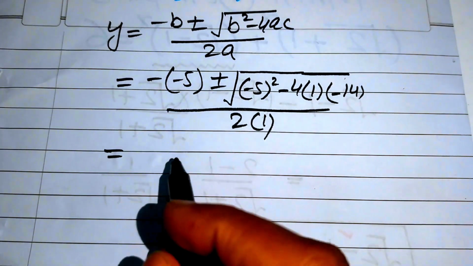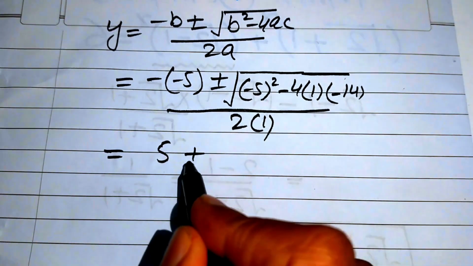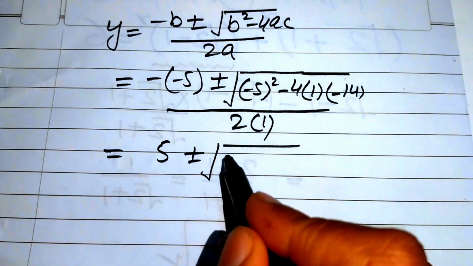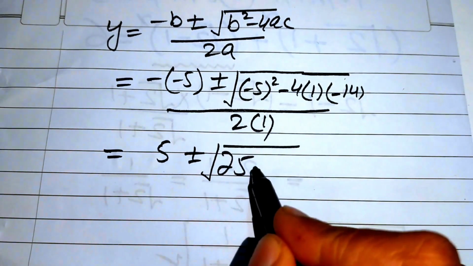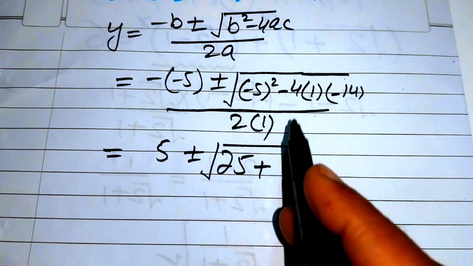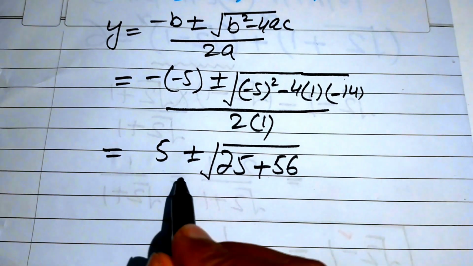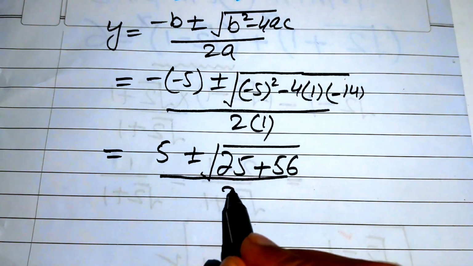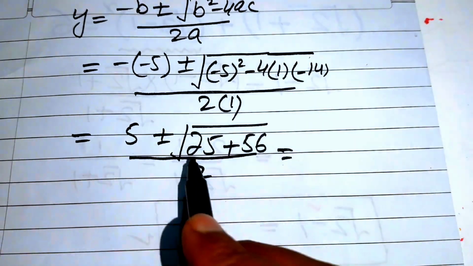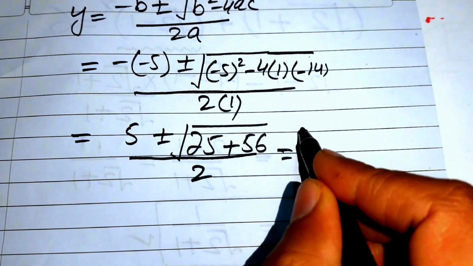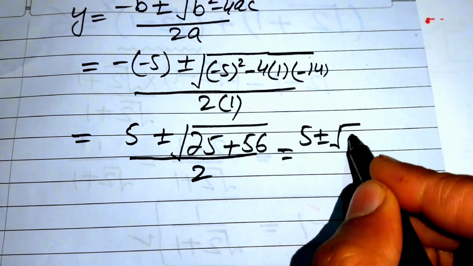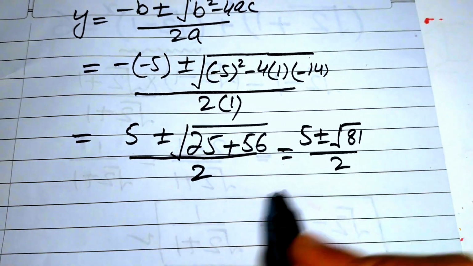So minus times minus becomes plus 5 plus minus square root of 5 square, which is 25, and minus minus becomes plus 4 times 14, which equals 56, and this whole is divided by 2. When we add 25 plus 56, it becomes 5 plus minus square root of 81 over 2.